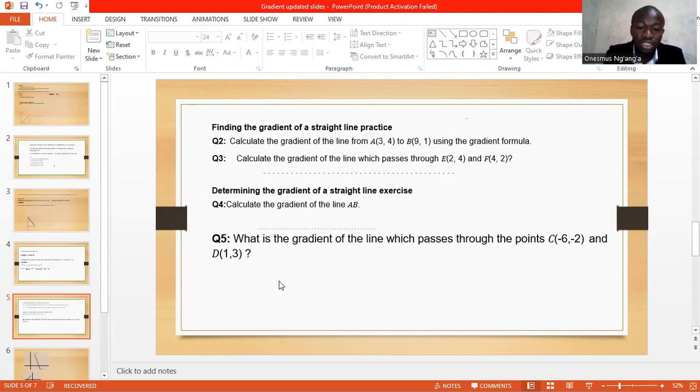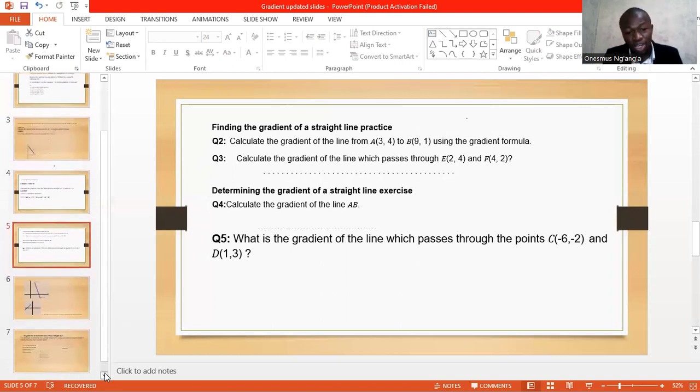Determine the gradient of a straight line exercise. Calculate the gradient of the line AB. So I'll be getting to show you the line AB from the diagrams below. What is the gradient of the line which passes through the points C, that is -6, -2, and D, that is 1, 3?